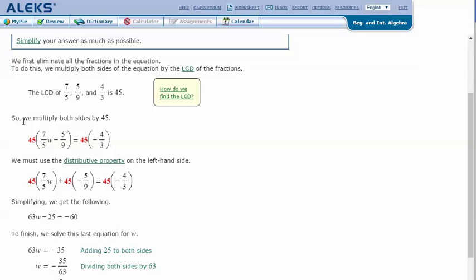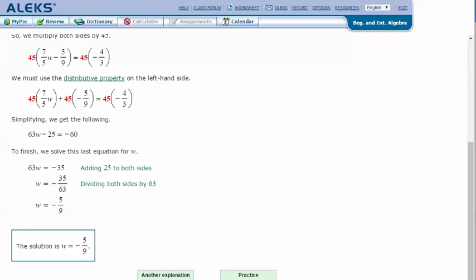And then multiply both sides of the equation by 45 to get these fractions into whole numbers that are easier to work with. With the distributive property, 45 times parentheses 7/5 W minus 5/9 is the same thing as 45 times 7/5 W plus 45 times negative 5/9, and then on the right, it's just 45 times negative 4/3.